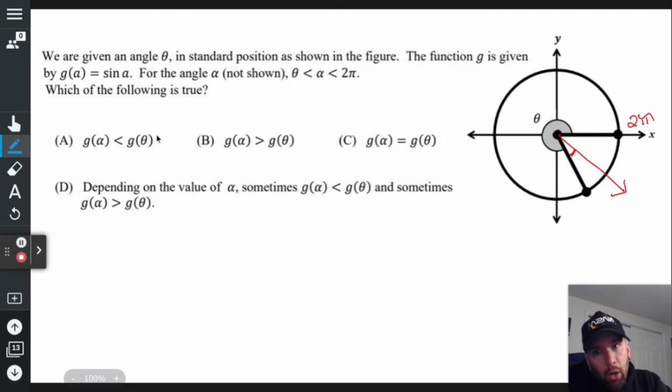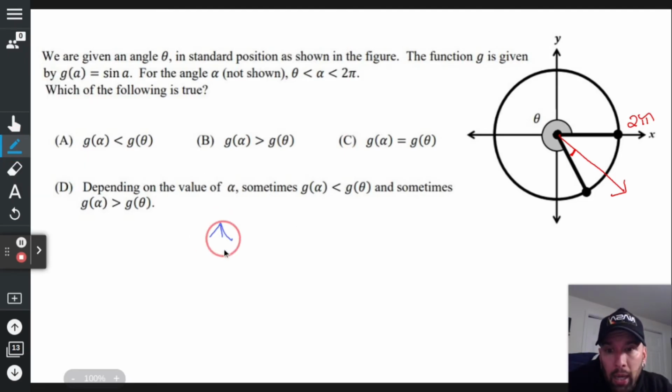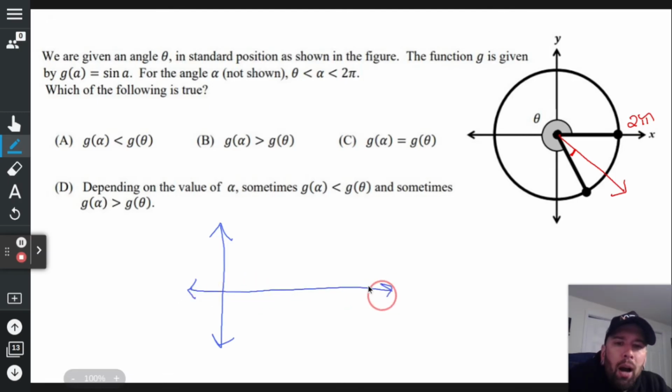I need to figure out what happens if I plug in alpha and theta. So let's view this from the point of view of graphing the sine function. I care about the sine function from 0 to 2 pi. Sine starts at 0, 0, peaks out at 1, bottoms out at -1. It hits the x-axis again at pi.